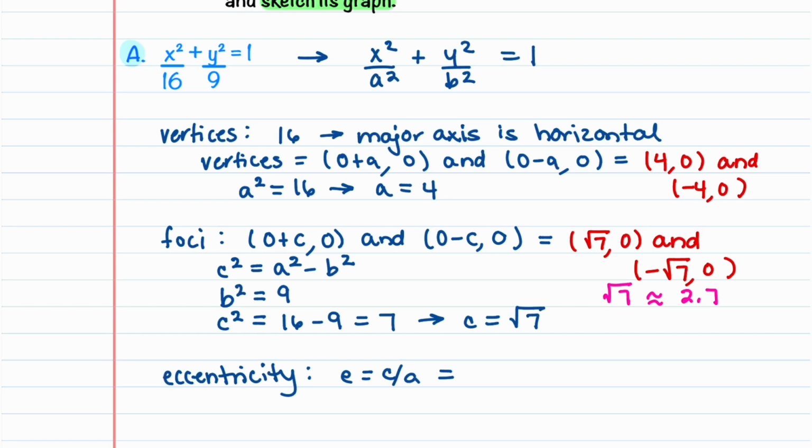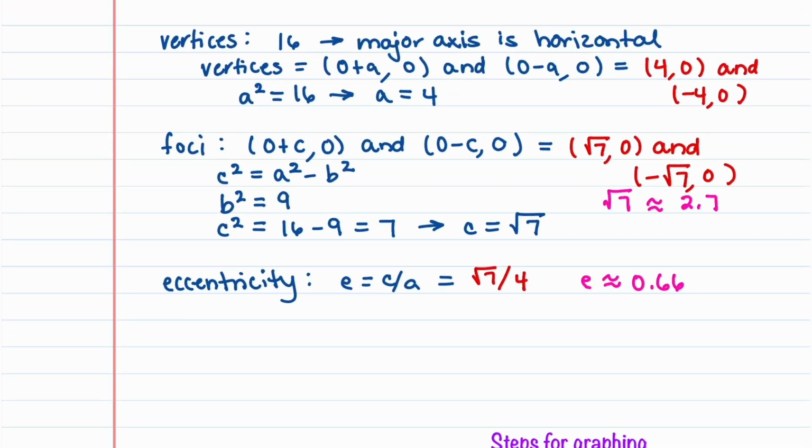And we know what c and a are, so we can just go ahead and plug that in. It's going to be equal to c, which is the square root of 7, divided by a, which is 4. And then let's just make a note that the eccentricity is approximately 0.66. All you need to do is put root 7 over 4 in your calculator, and you can find that.